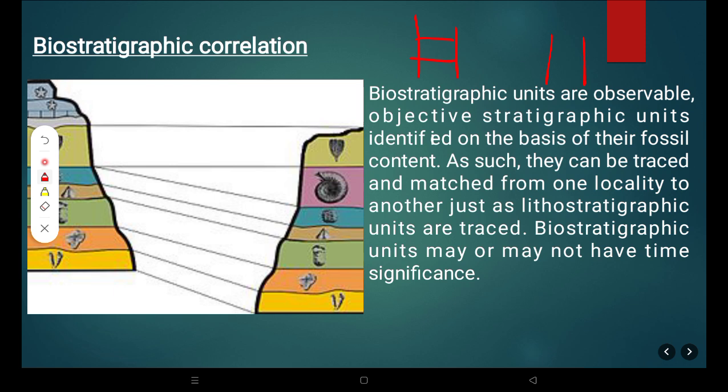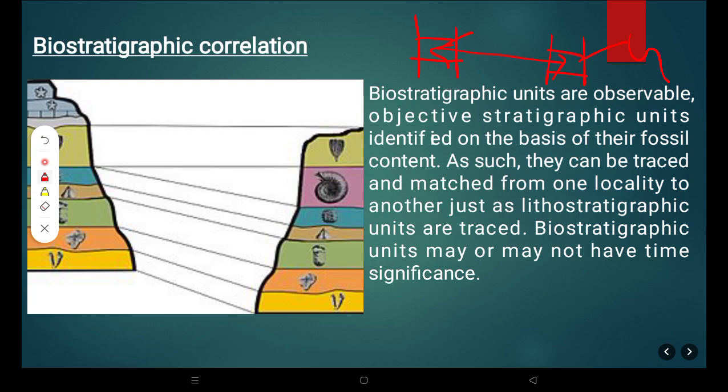Here one sandstone is there where glauconites are present. Here another sandstone is there with similar character, texture, structure and color. Here also glauconites are present, so we can correlate this. Here the mineral glauconite is the bridging mineral in the two strata.